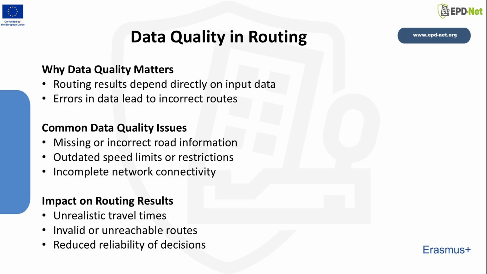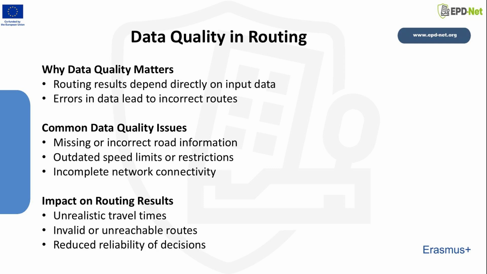Data quality is a critical factor in GIS-based routing because routing results are entirely dependent on the accuracy of the underlying spatial data. If the input data is incorrect or incomplete, the calculated routes will also be unreliable. Common data quality issues include missing road segments, incorrect road attributes, and outdated information such as speed limits or access restrictions.